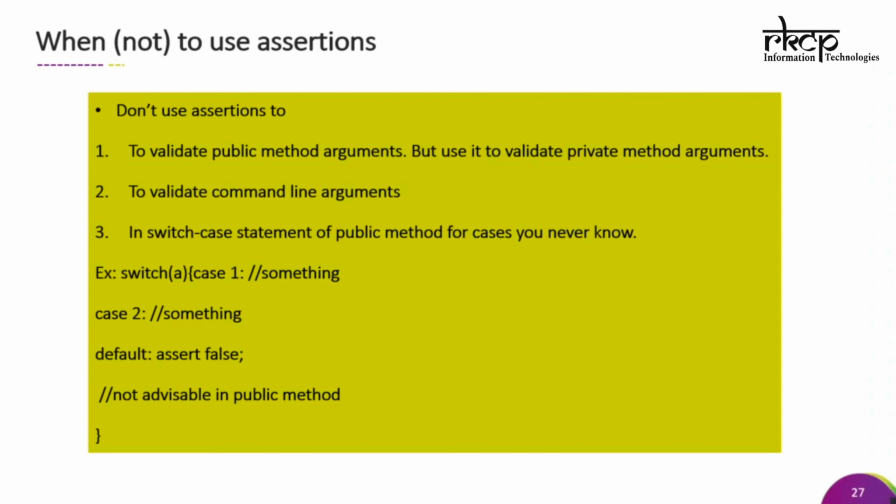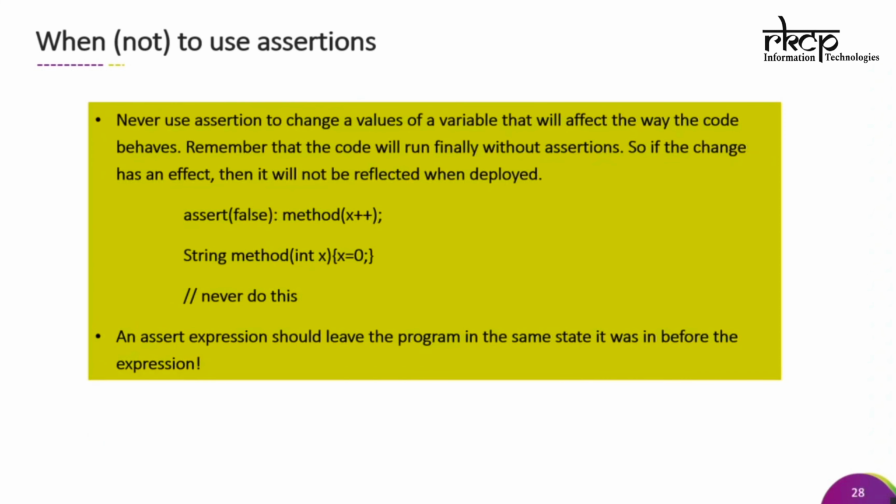So I hope up to this stage you are very comfortable with assertion. Here are a few more cases when you should not use assertion. Never use assertion to change the value of a variable in a way that will affect how the code behaves. Remember that the code will finally run without assertion. So if the change has an effect, it will not be reflected when deployed, because assertion will not work in the production environment.